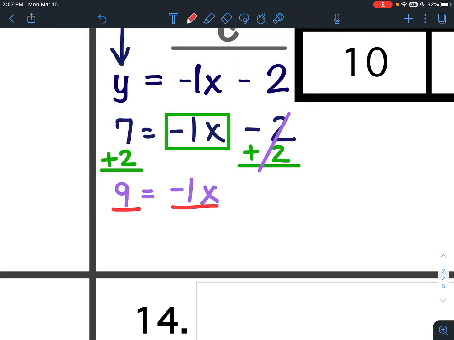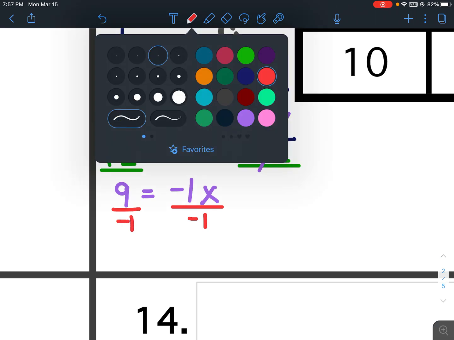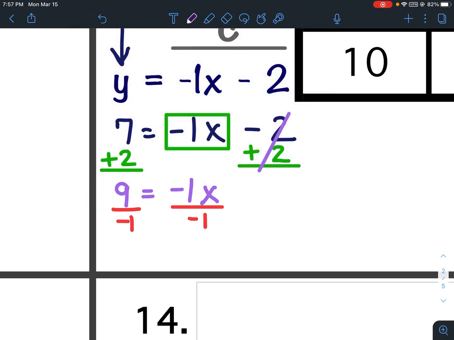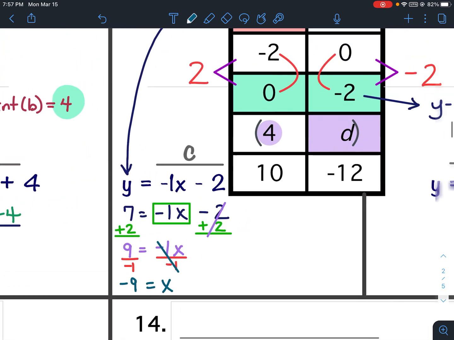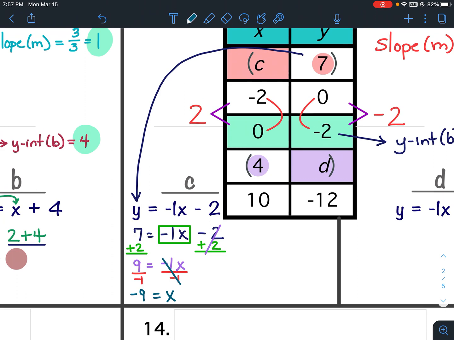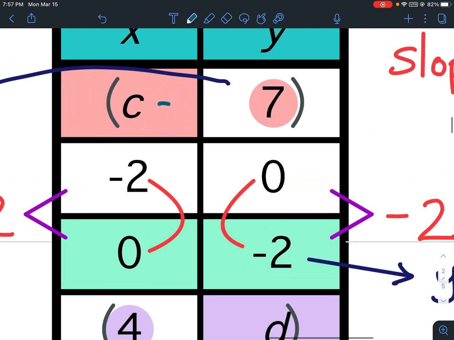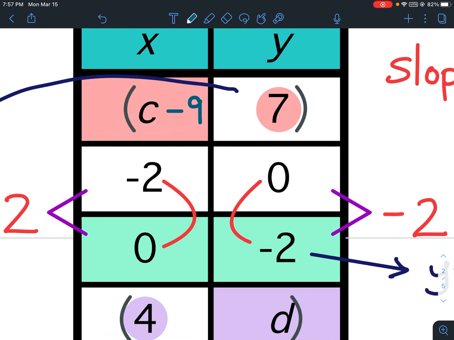Divide both sides by -1. And we get -9 equals x. So I'm going to go up to the C, and beside the C, I'm going to put -9.